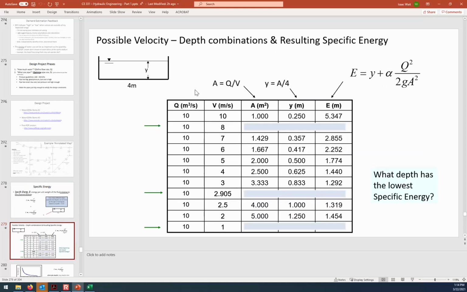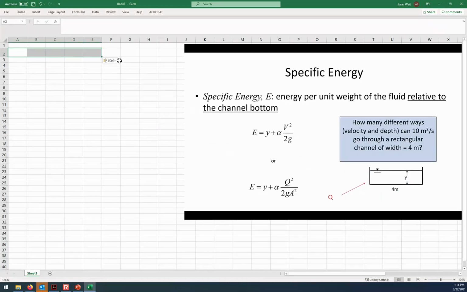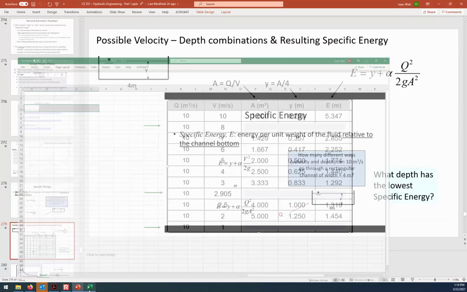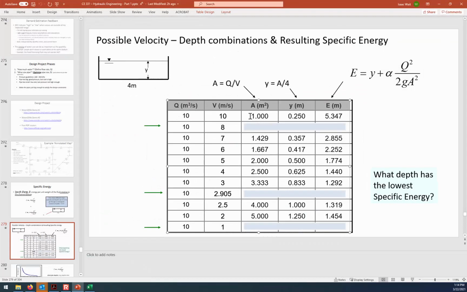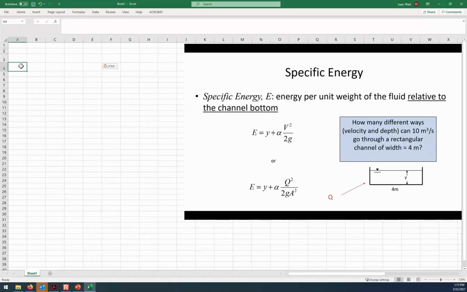So rather than just using this same table, I'm going to copy the column titles across the top. Control C and paste with Control V. All right.